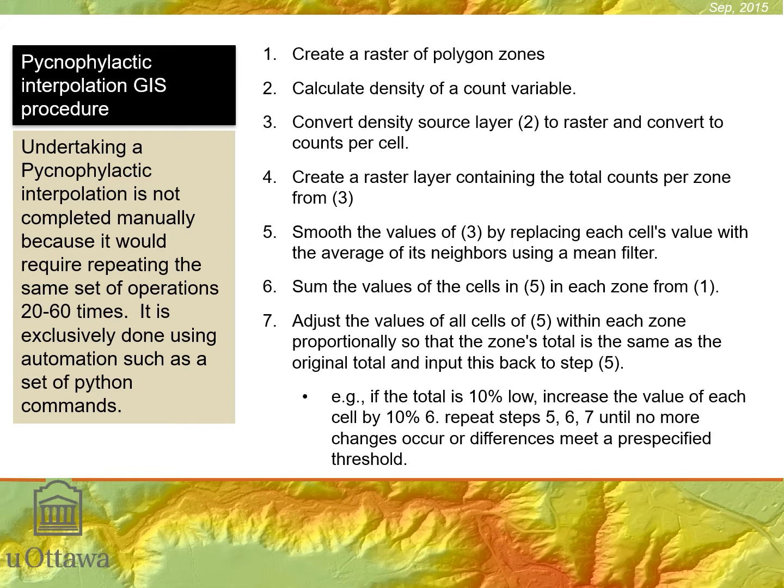Undertaking pycnophylactic interpolation in GIS is just an iterative procedure, and it's best done with raster, not with vector data. So basically you create raster polygon zones. You take your original polygon layer, like a vector layer, for example, and you rasterize it. So you encode it into raster cells, where each cell has the same zone identifier as the polygon in the vector data.